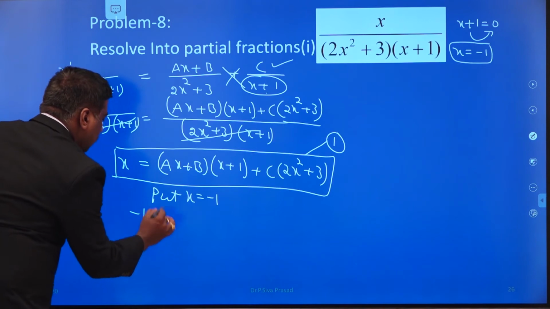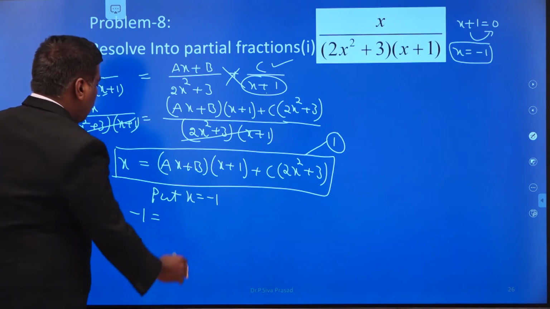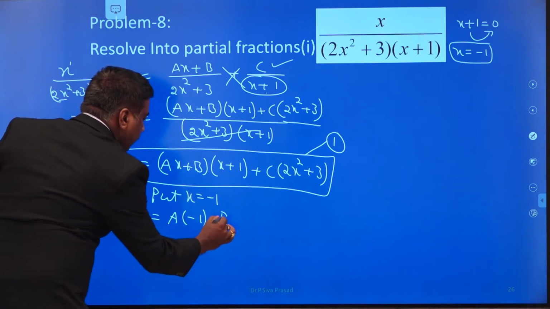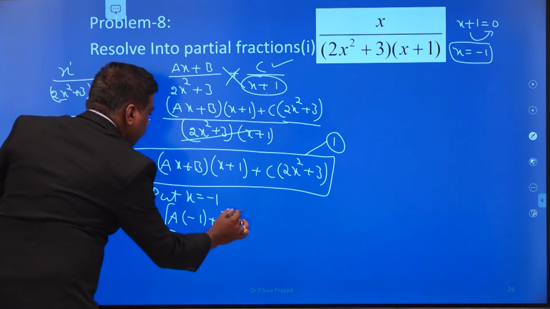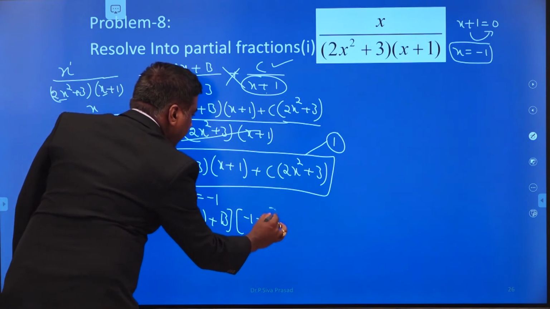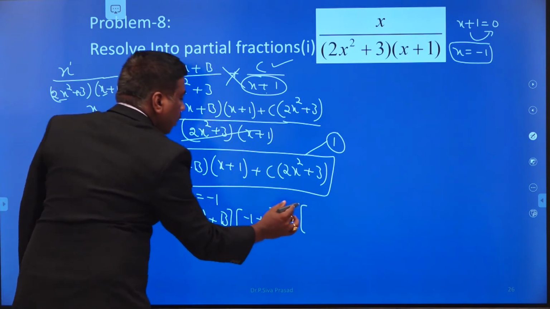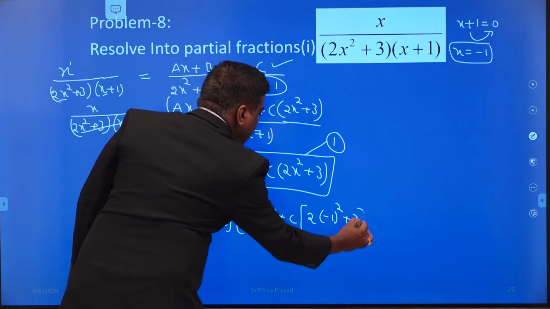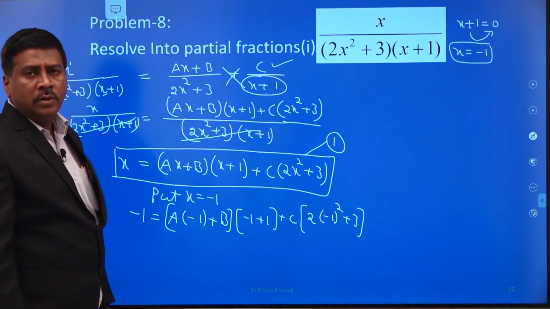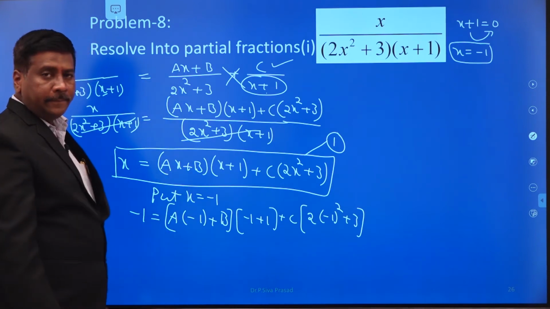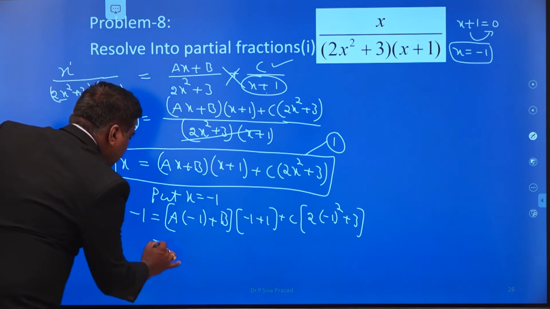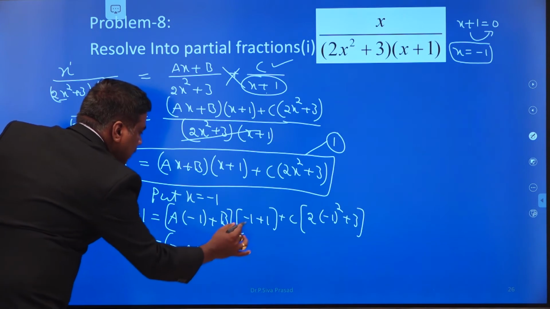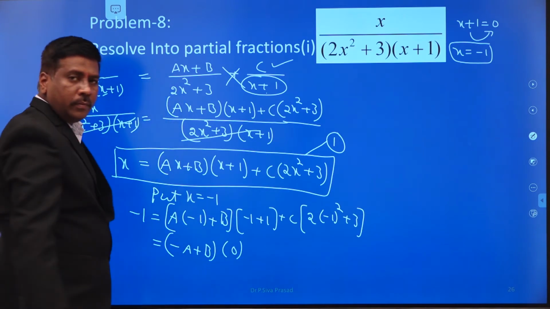Therefore, minus 1 is equal to the left hand side, I write directly. Then this is (A(-1) + B)(-1 + 1) + C(2(-1)² + 3), where in place of x I put minus 1 directly. So please all of you observe this. This is (-A + B) into minus 1 plus 1, which is 0.